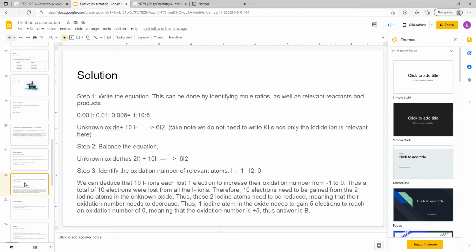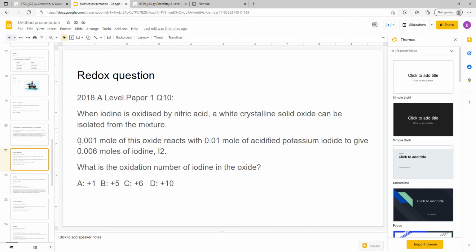Okay, welcome back. So firstly, our first step is to write the equation so that we can better understand what is going on in this process. We need to identify relevant reactants and products to do this, as well as identify the mole ratios. So basically, we can observe that there are different moles of substances used.